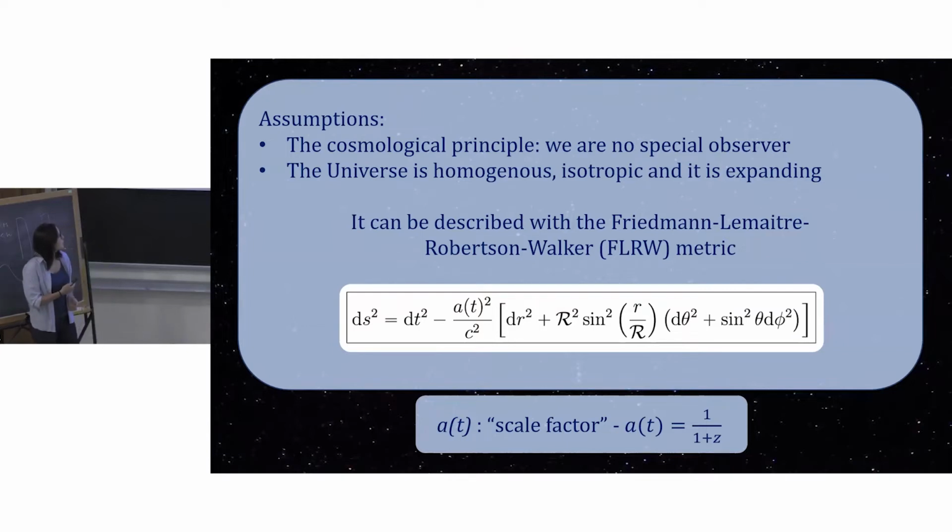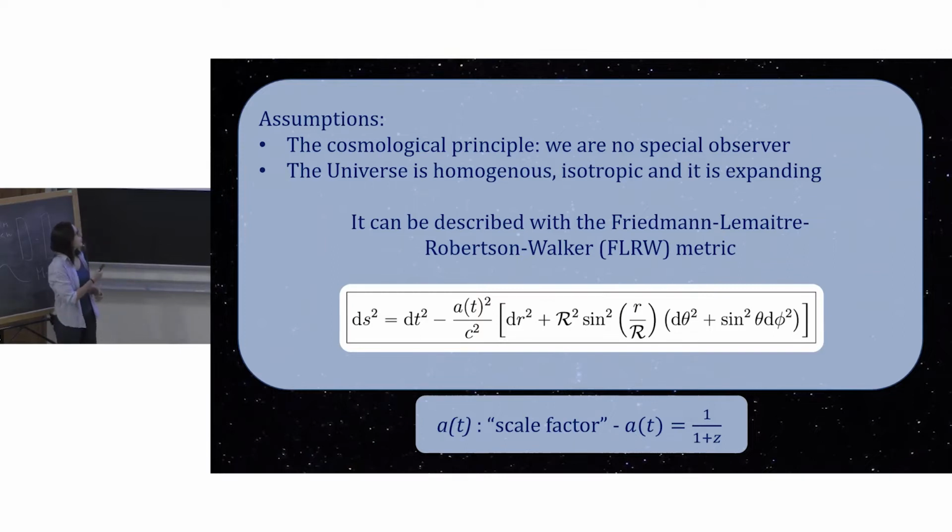It's the one I'm showing you here. The important thing to know is that to describe this space-time in which we're living, we need this scale factor, a(t), which is the quantity that has inside all the information about the expansion of the universe.